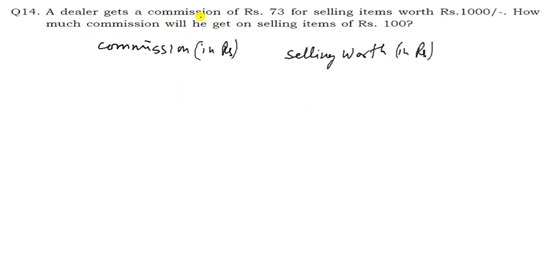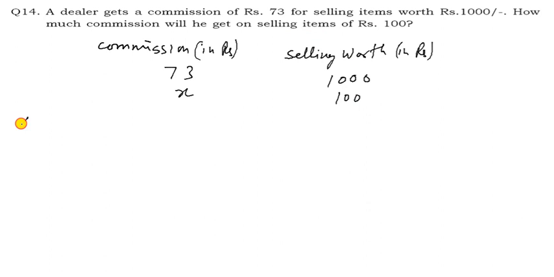Now the dealer gets a commission of 73 rupees, so it is 73 rupees, selling items that is 1000. And how much commission will he get? Suppose it is x, selling items 100 rupees.